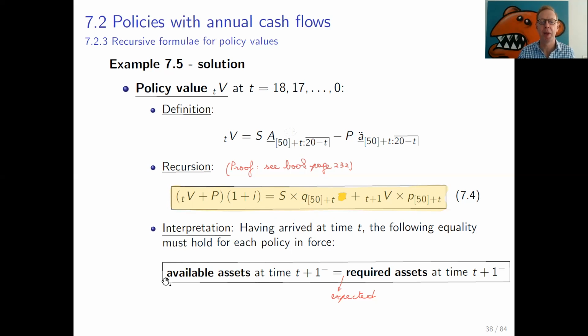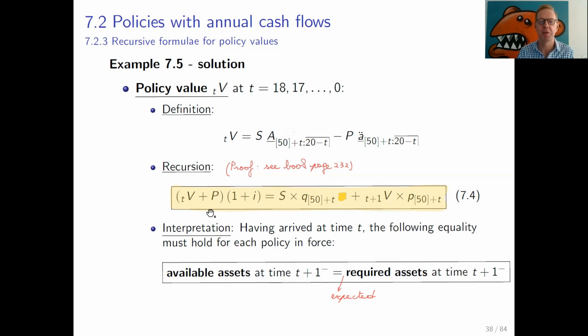We want that the available assets at time t plus 1 minus must be equal to the required assets at time t plus 1 minus, or to be more complete, must be equal to the expected required assets at time t plus 1 minus. What are the available assets at time t plus 1 minus?